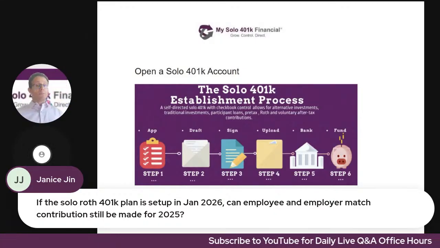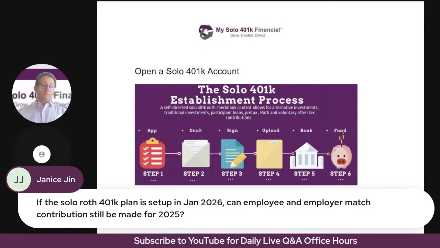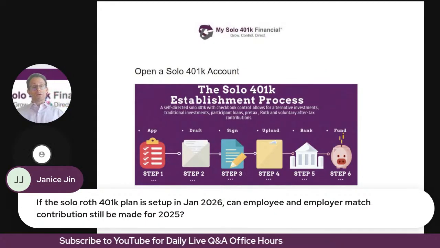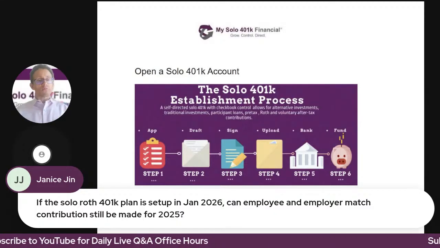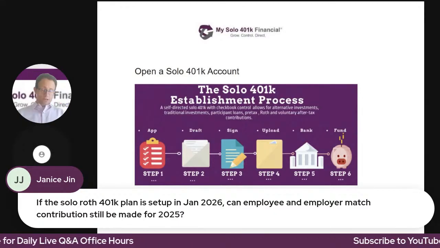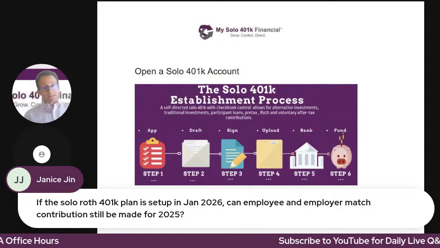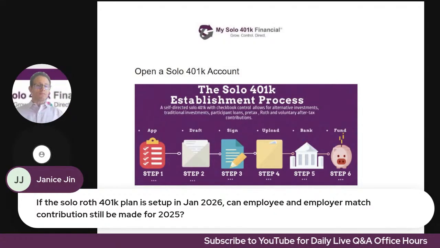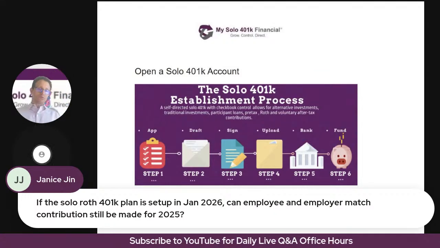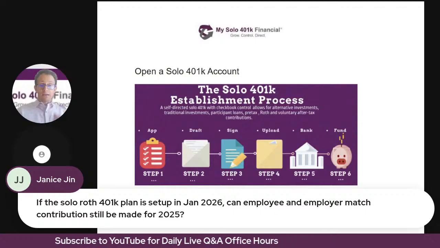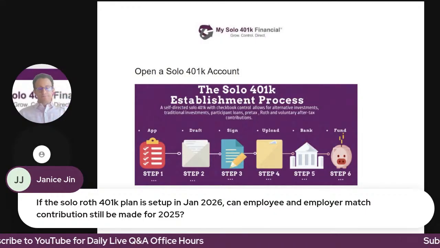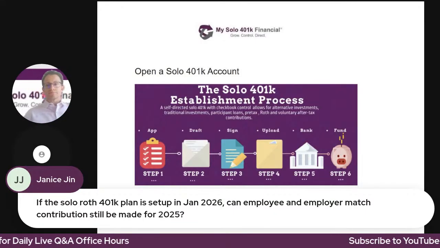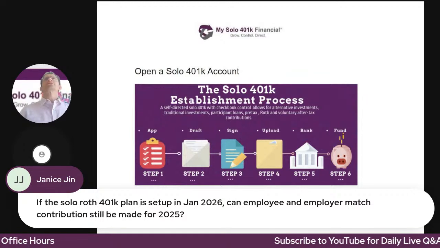However, you can make employer profit sharing contributions, whether employer pre-tax or employer Roth solo 401k contributions here in 2026 for tax year 2025 if you open the plan here in 2026, as I went through on those other slides there. So good question there.